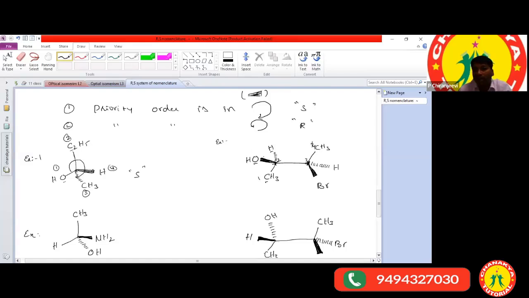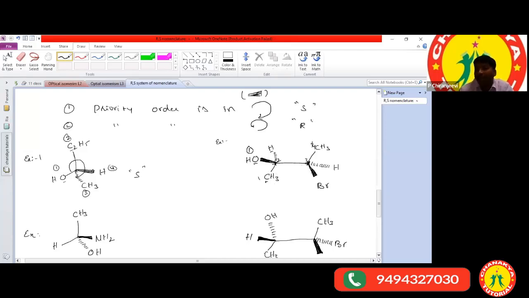Now, let us see. Here also there is carbon, the starting element. Here also carbon. Identical atoms are there. Carbon, oxygen, hydrogen: for which one can we give the first priority? Oxygen. Second priority we can give to carbon. Here also carbon, and the starting elements are identical. If the starting elements are identical, then we have to go for the next atom.